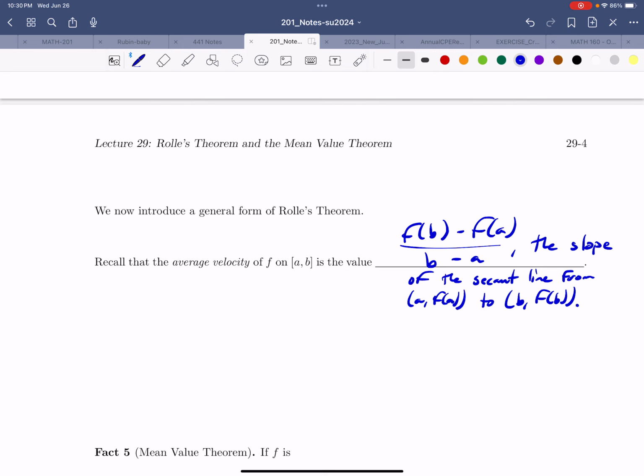Now to illustrate what's going on here, if we've got some values, maybe this is a and this is b, and maybe f of a is down here. Here we're assuming, unlike Rolle's theorem, that we don't necessarily start at the same value. Whatever our curve does, maybe it goes something like that.